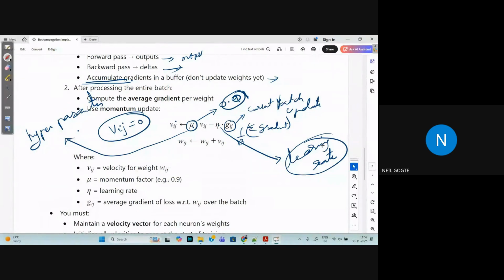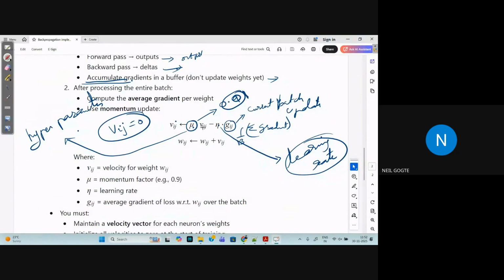These are hyperparameters which are like tuning knobs on your training. So you can decide from one training loop to another training loop what your mu and how your eta can be. That's how this gets decided. These are called hyperparameters. And these other things, the weights themselves, are called parameters. I hope this is making sense to you.